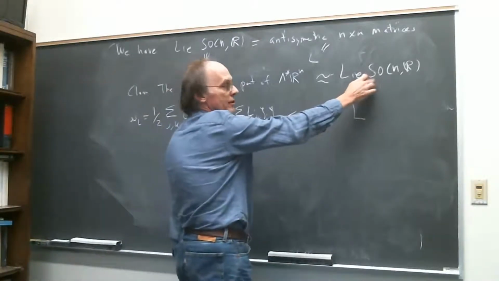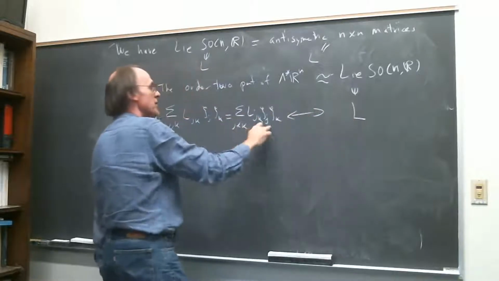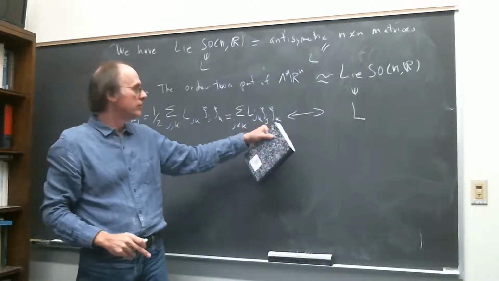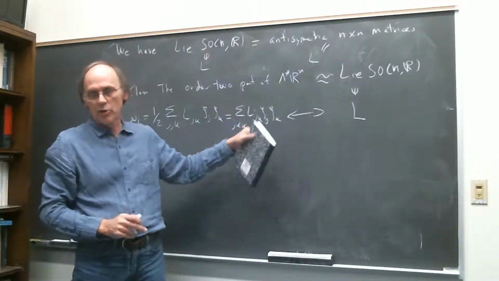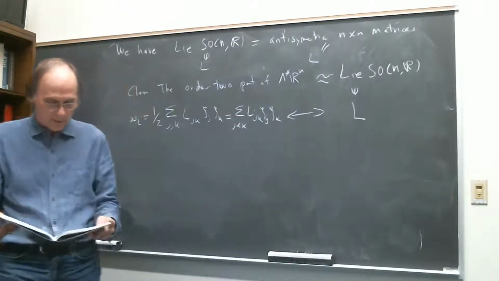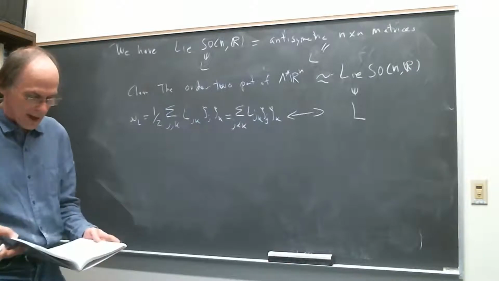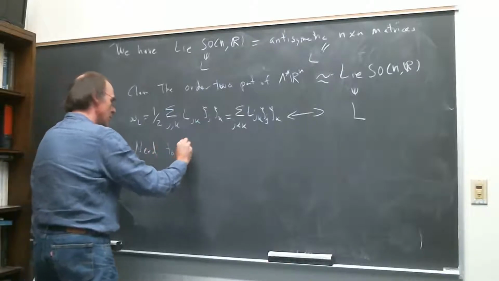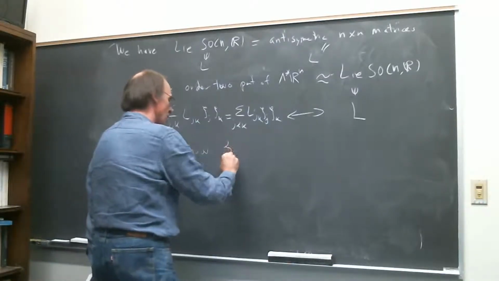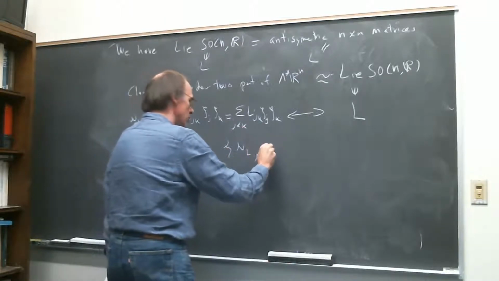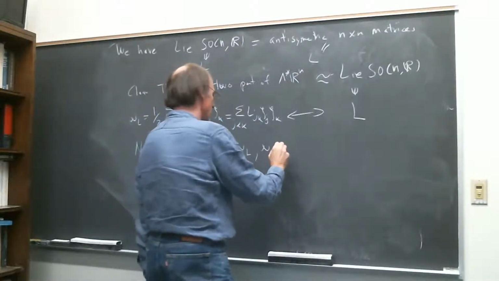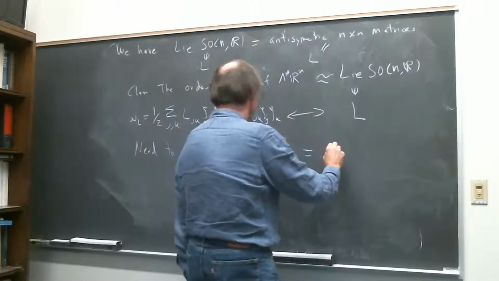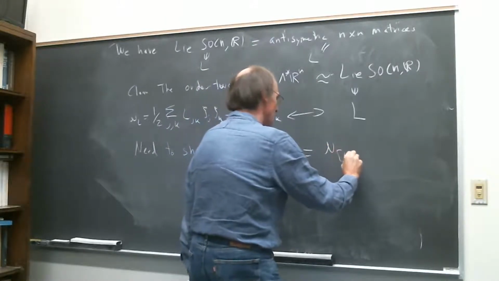If somebody gives you an element of the Lie algebra, an antisymmetric matrix, you just write down this order 2 gadget in these antisymmetric polynomials, and then you have to check, and this calculation I won't go through, that the bracket of mu_L and mu_L' equals mu of the commutator of L and L'.